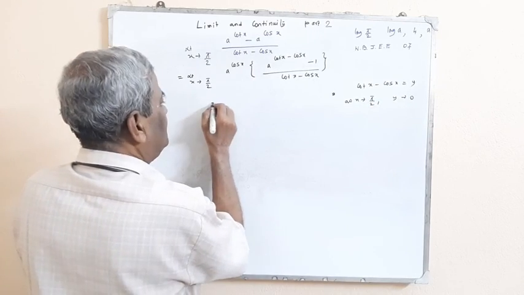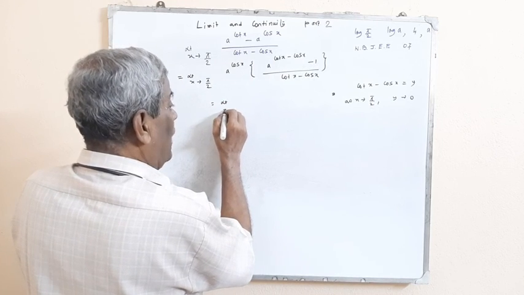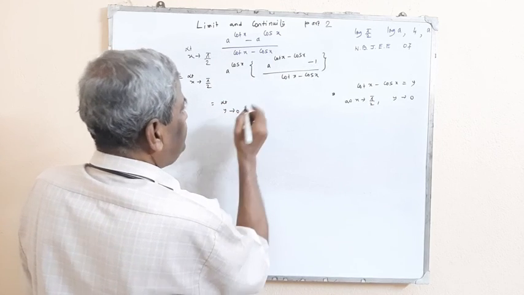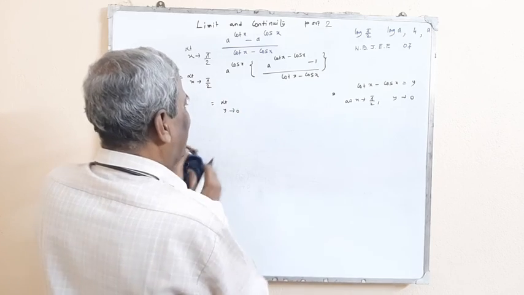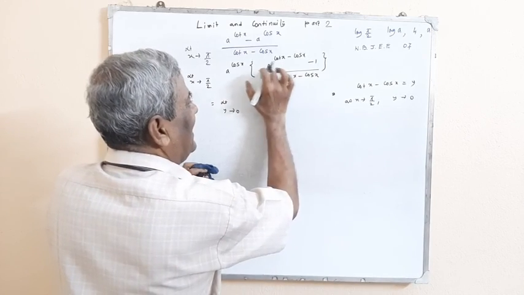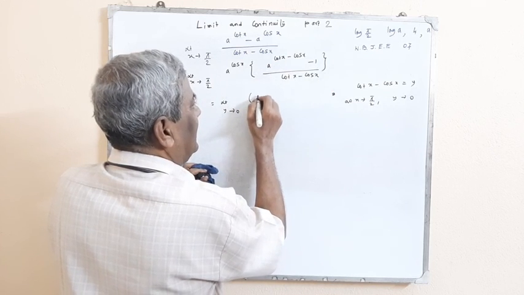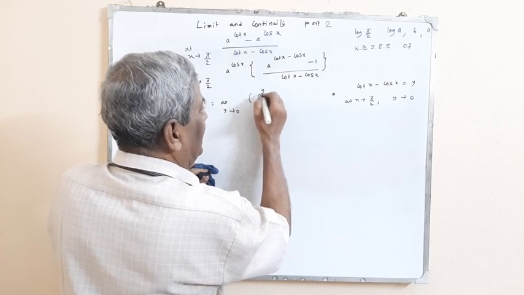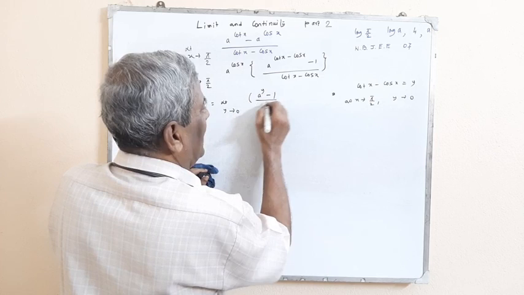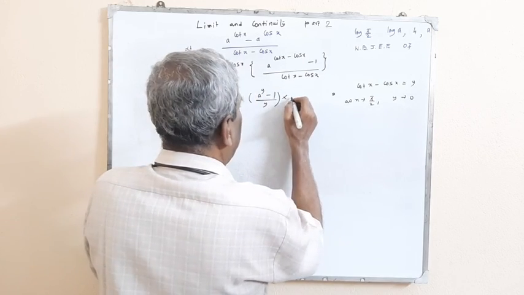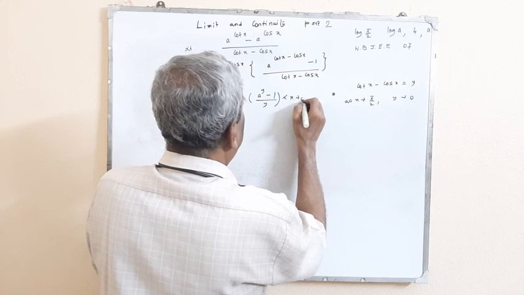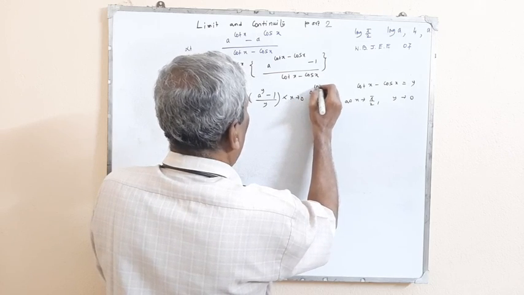So this becomes limit y tends to 0. I write first a to the power y minus 1 by y into, now I write this, limit x tends to pi by 2 a to the power cos x.